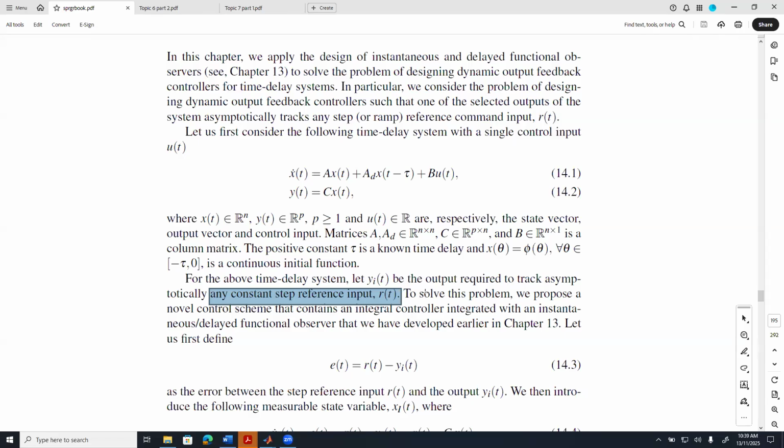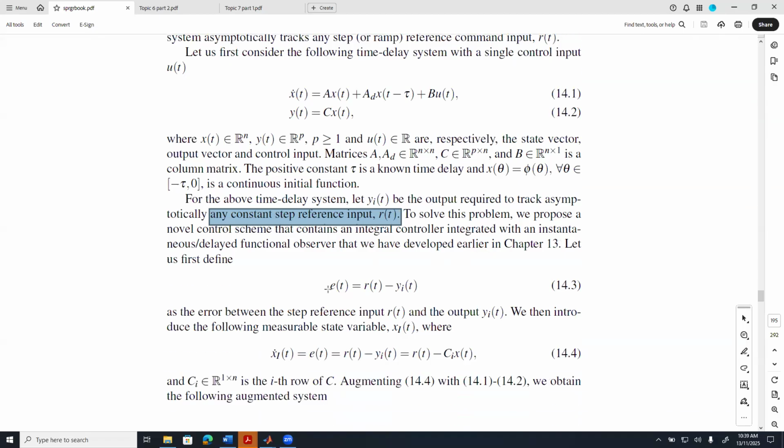So we need some sort of integrator to ensure that the error, which is the difference between the reference signal and the output measurement yi, goes to 0. So we define the error as the difference between this command reference input and the output measurement that we want to track the reference input.